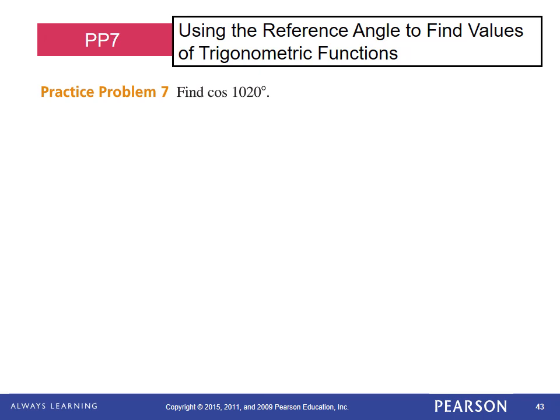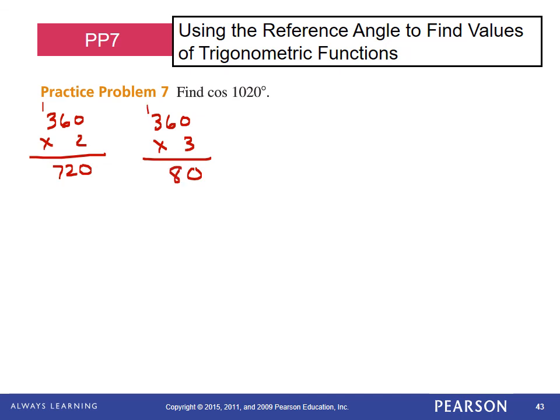Well, first of all, 1020 is a big number, right? So we could do it by what we learned earlier about how many revolutions we have. We say, okay, 360 times 2 is 720. That's cool. And then maybe the next one, 360 times 3.